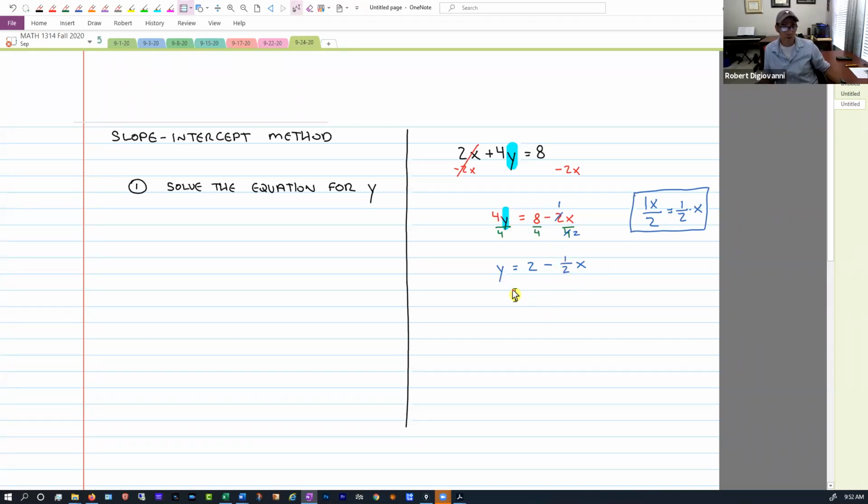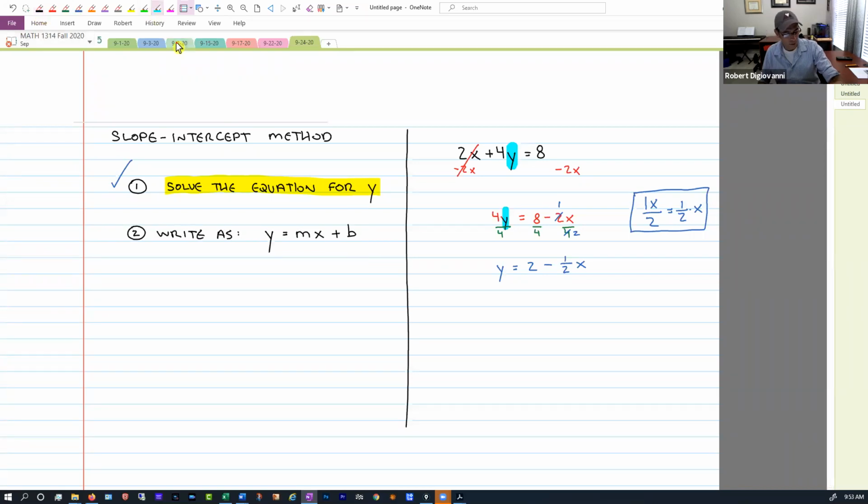Are there any questions on this? Okay, so in our steps, have we solved for y? We've solved the equation for y, right? So we've got that step done. The next thing to do is make sure it looks like this. Write it as y equals some number in front of x plus some number.